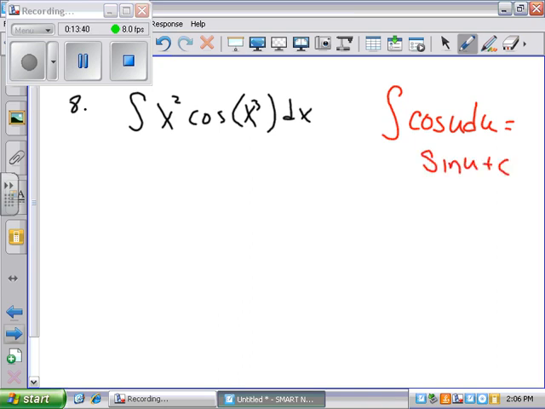All right? And so if u is your x cubed, the all-important du, right? You can't integrate anything that's not x unless you have du. Okay? Yeah, it's 3x squared. So you got to put in a 3 and out a third.